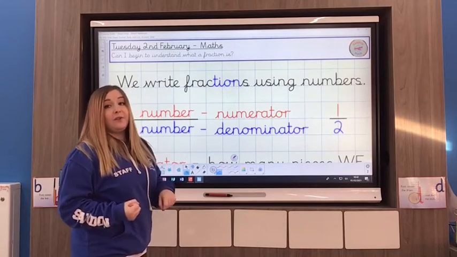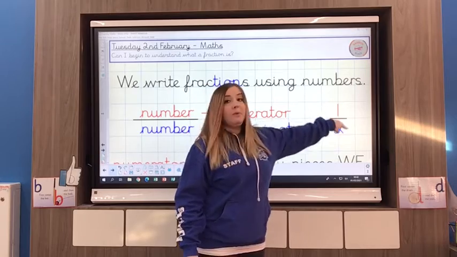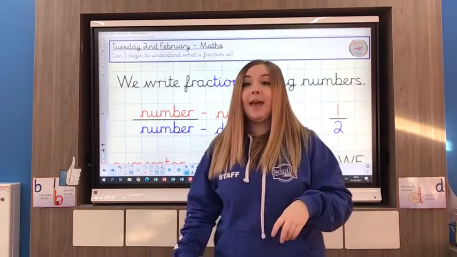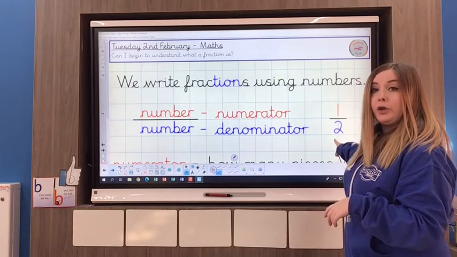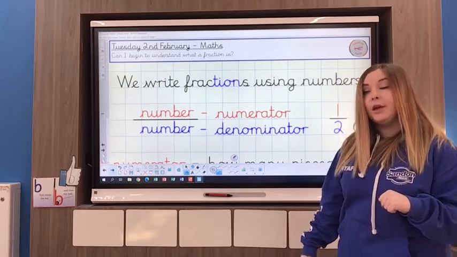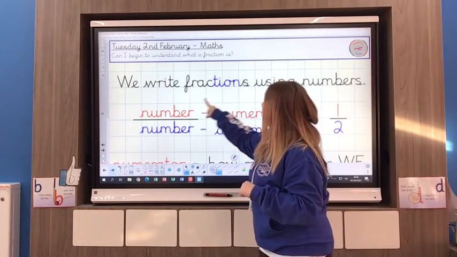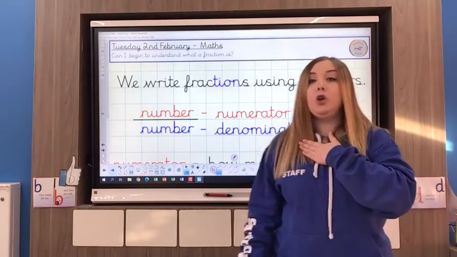And when we write fractions, Year 4, you might have seen these before. We write them using numbers. We have one number on the top and one number on the bottom, and each of these numbers has a name. The number at the top is called the numerator. Say it after me.